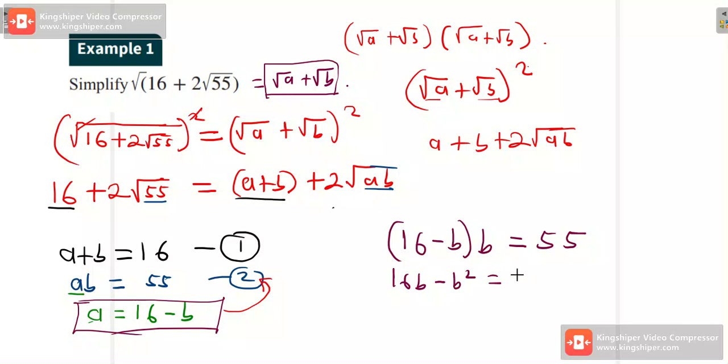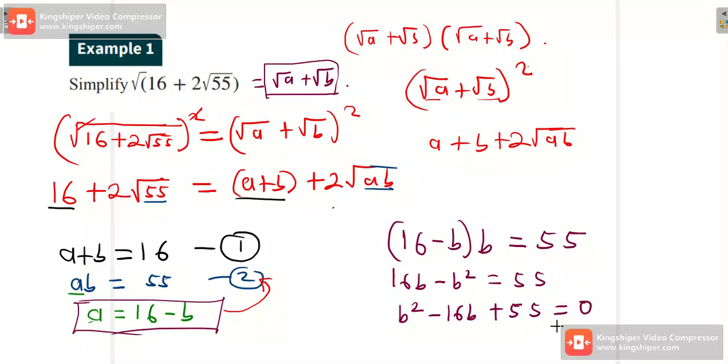Then that should be equal to 55. So from here, we take all to the right hand side. So we are going to have B squared, then minus 16B, then plus 55, and that should be equal to 0.